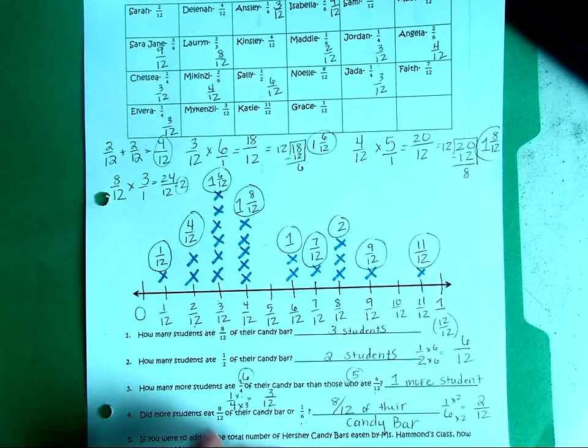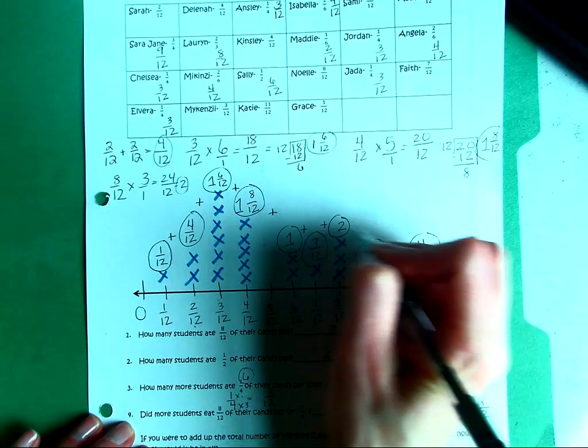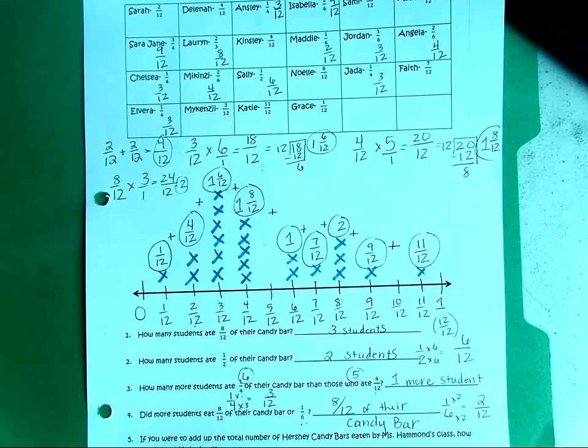So now I'm going to take all of these and add them together. It's probably helpful to do this on another sheet of paper so that you can see it a little easier. So I'm going to rewrite these.